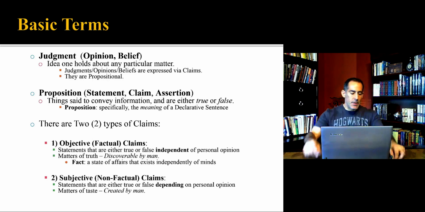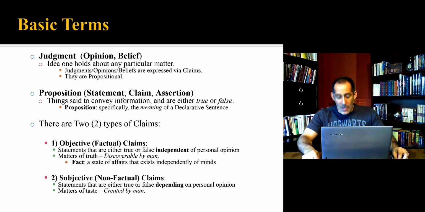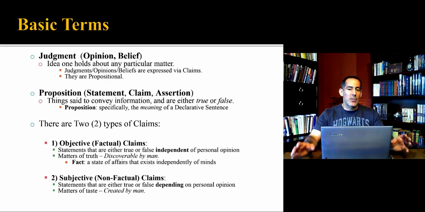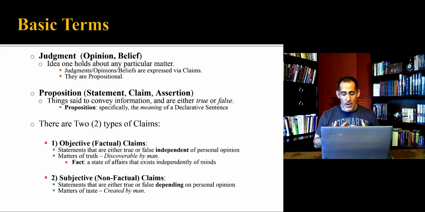A subjective claim or non-factual claim is a claim that is either true or false based on me. It is dependent on personal opinion. So if I talk about the taste of a meal that I had, and I say it tastes really, really good, that's true, but it's true because it's my opinion.